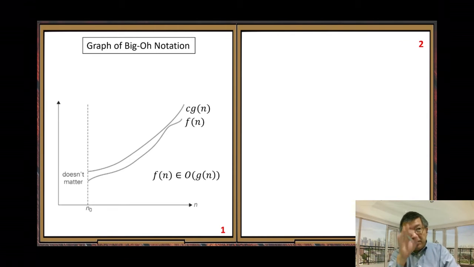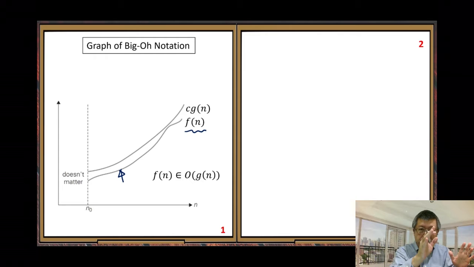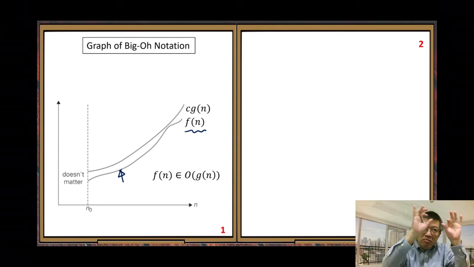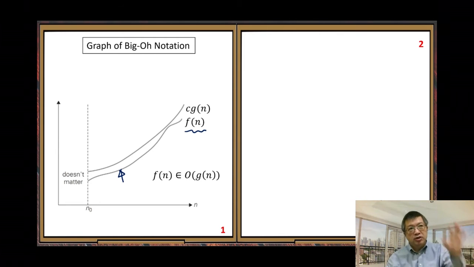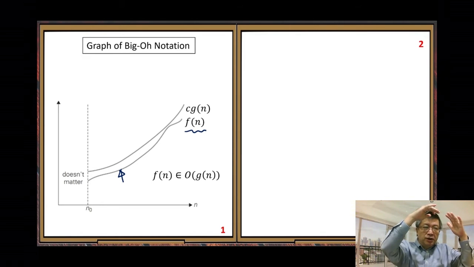From the graph, you can see like this. This one is the f of n function. Then we have a g function. After we have that g function, now we want to use a certain positive constant c multiple of g function to approximate from above.